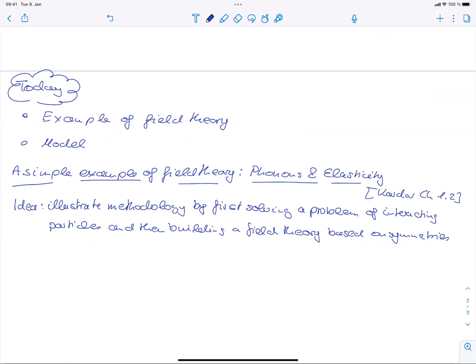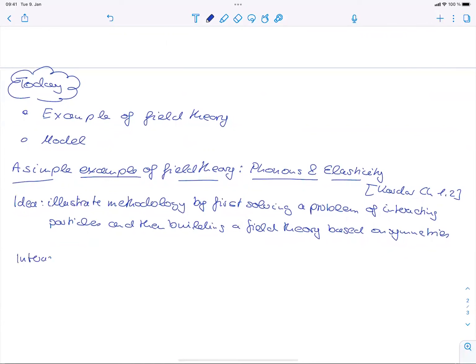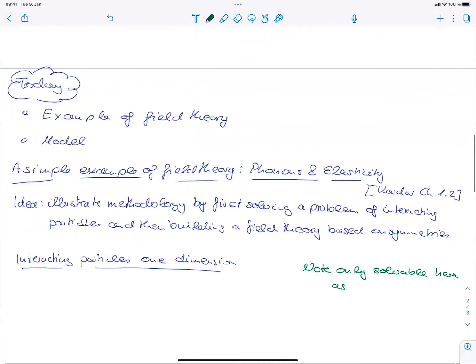And so that's it. We're going to look into phonons as an example. These are interacting particles that we consider in one dimension. Take note that this is only solvable in this manner here as we reduce to one dimension only.